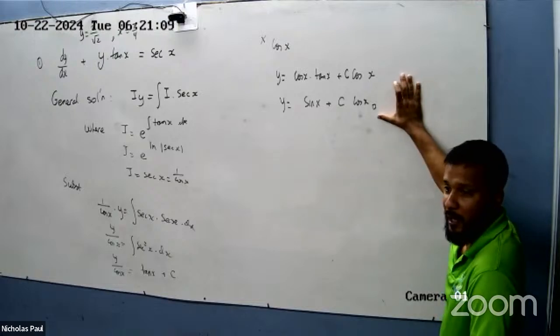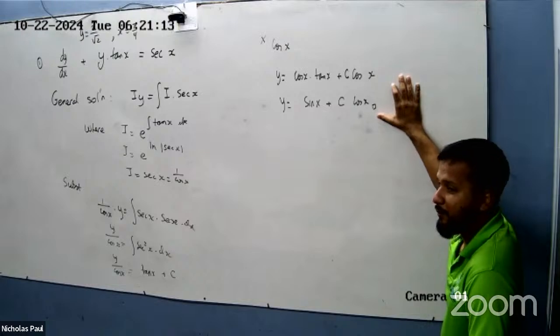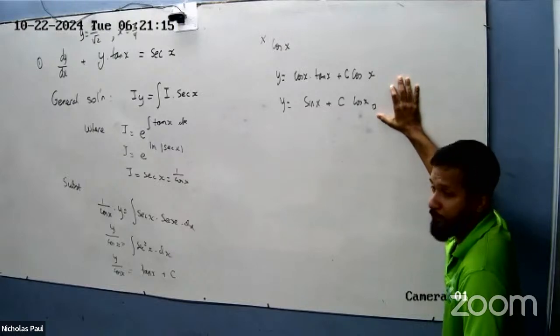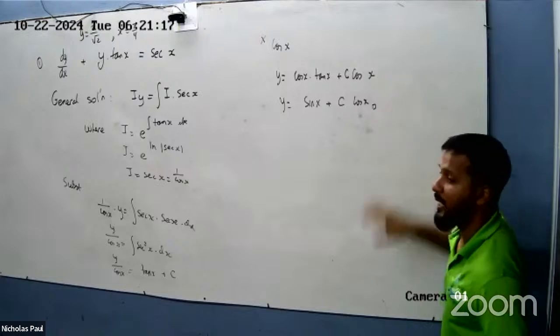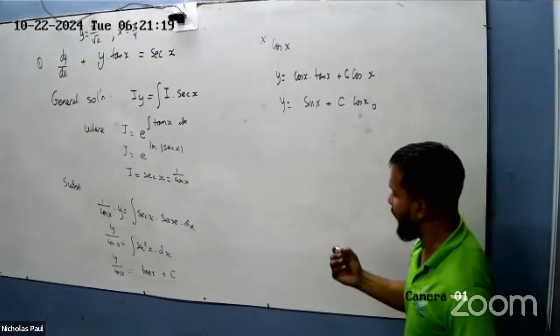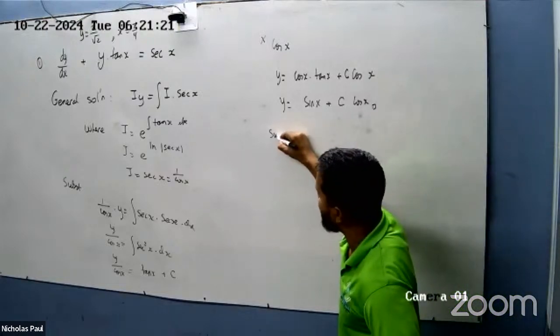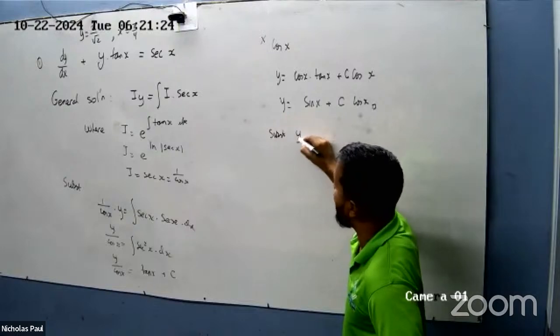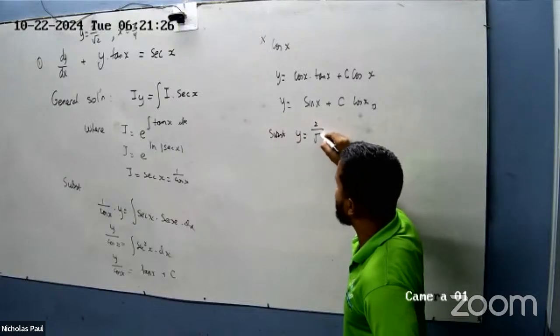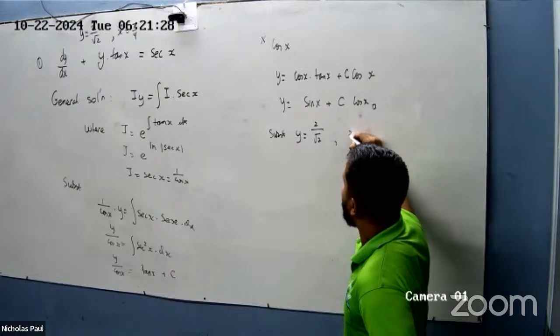Okay, what happened? And the last part is what? The last part is that we have to substitute to get the particular solution, right? Substitute y is 2 root 2 and x is pi on 4.